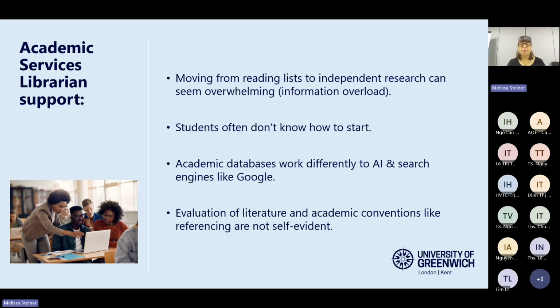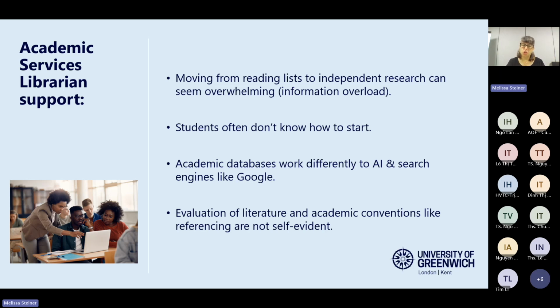So in terms of the support that I provide and my colleagues as academic services librarians, what we tend to notice is that students who are moving from reading lists, so lists that you've put together telling them what to read, to independent research, can find this very overwhelming. Again, it's this concept of information overload.